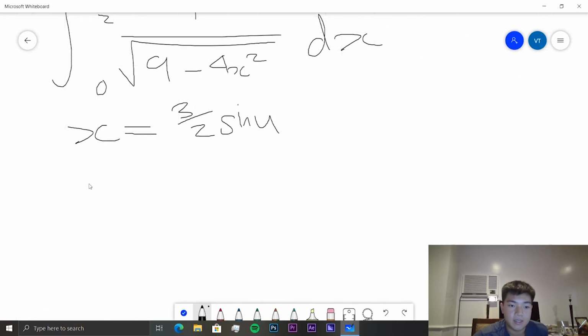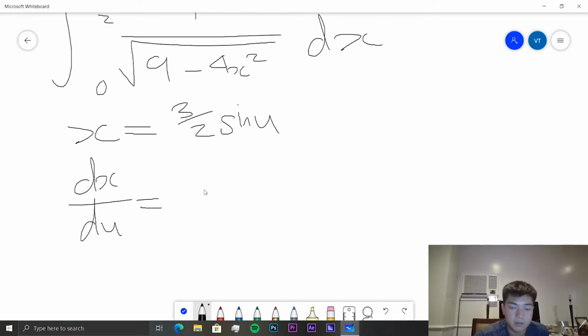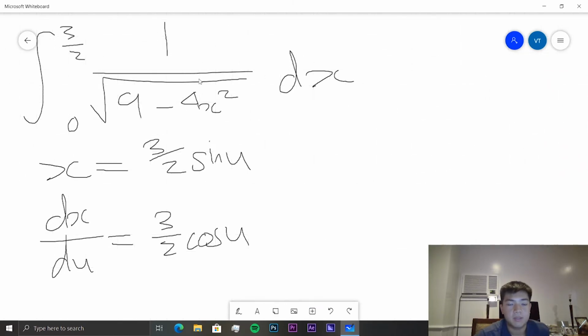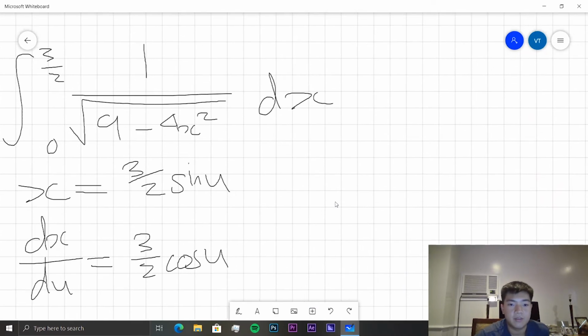So we get dx over du is equal to 3 halves cosine u. So we can multiply this entire thing by 3 halves cosine u.